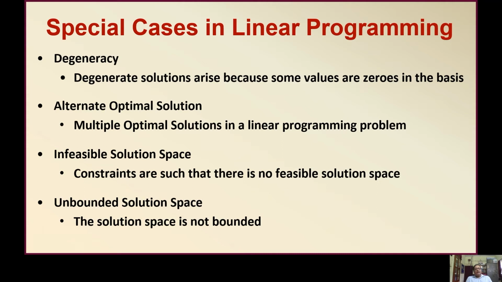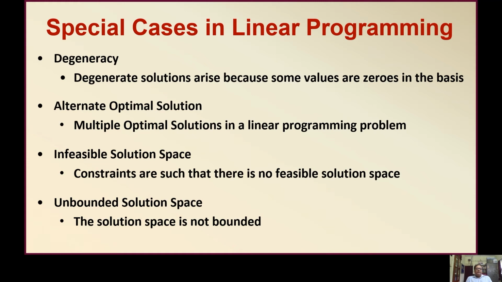When that happens, we are going to get multiple optimal solutions. It's not only two corner points, but also all the points joining those two corner points. So that also must be identified if you are using the simplex method.